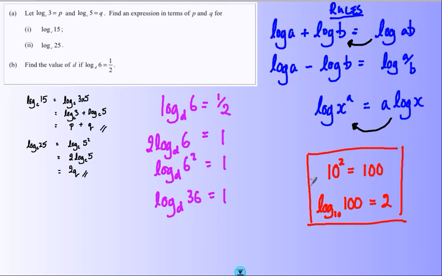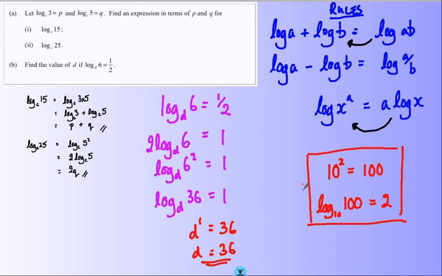Let me take this expression here, so 10 squared equals 100, and therefore, going back to this one, d to the power 1 equals 36 is the equivalent expression, which tells me d equals 36.